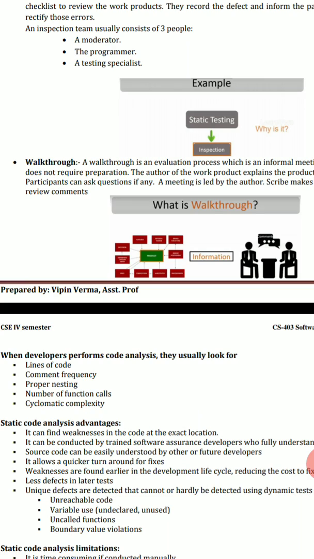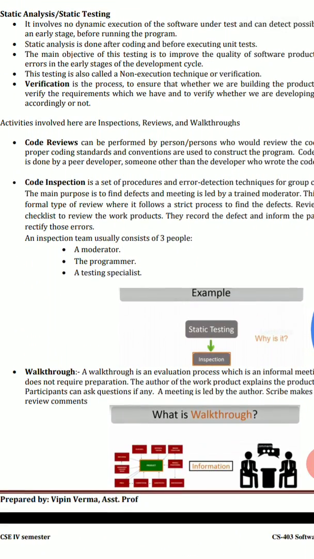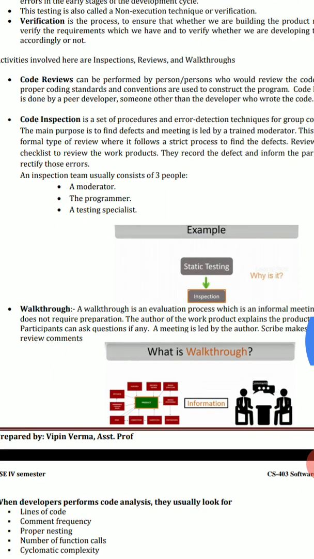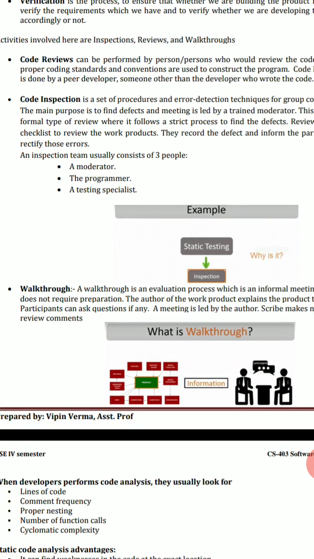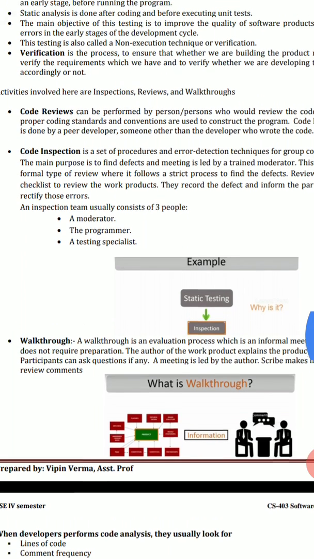As we can see, in all three methodologies involved in static testing or static analysis, one thing is common: we are always trying to identify the errors and defects. One person in all three methodologies is assigned to note down these errors.